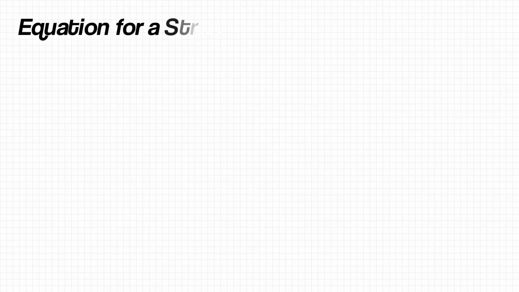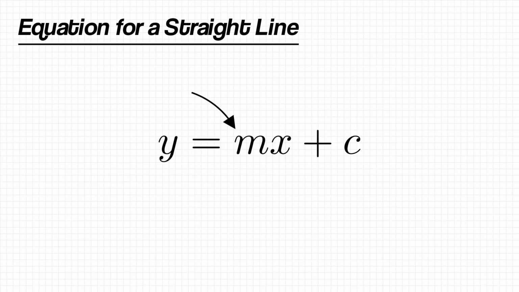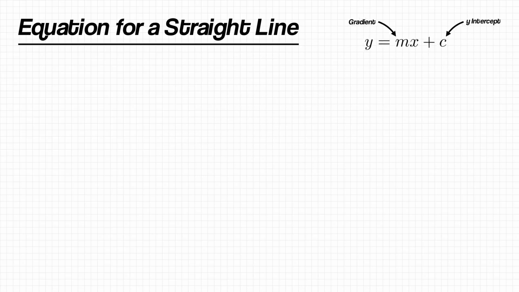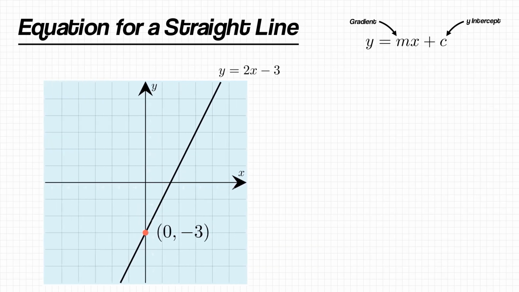The equation for the graph of a straight line can always be written in the form y equals mx plus c. We call m the gradient and c the y-intercept. Let's take the example y equals 2x minus 3. We can see this intersects the y-axis at 0, minus 3.